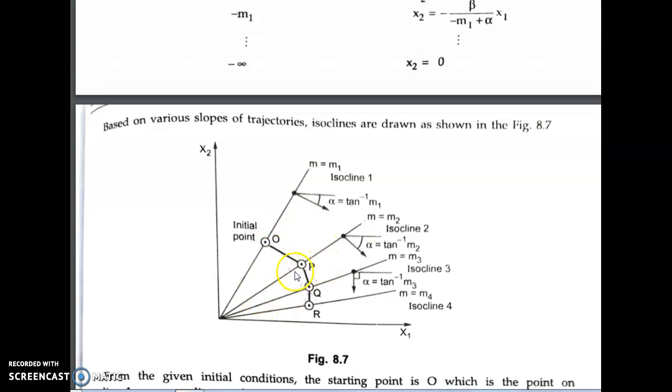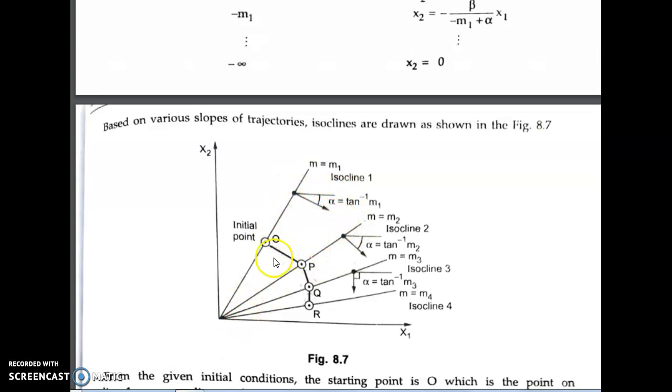In the phase plane, isoclines are the lines of constant slope. This is the first slope m1, and there is an isocline here, the first isocline. In order to construct the phase trajectory, it is necessary to integrate the slope equation, which is very difficult except for simple cases.